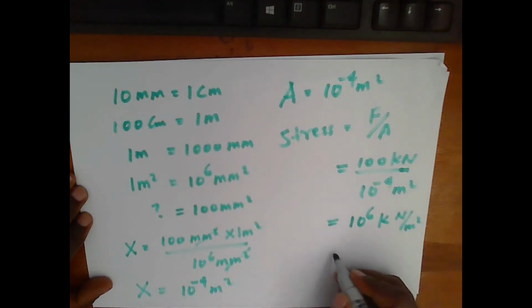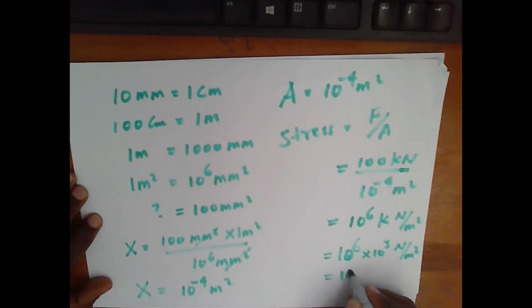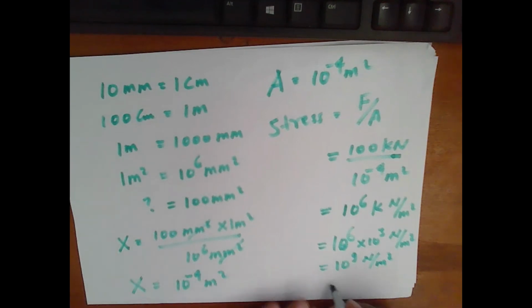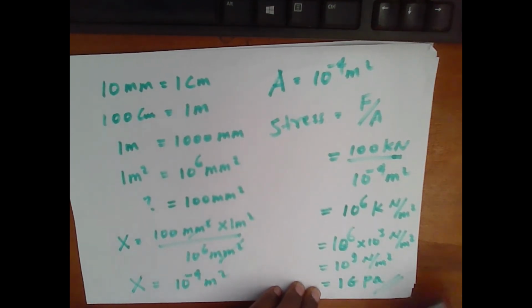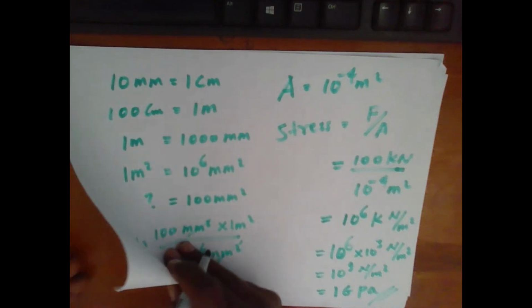Kilo is 10 raised to 3, so 10 raised to 6 times 10 raised to 3 Newton per meter square. This is 10 raised to 9 Newton per meter square, which is equal to 1 gigapascal.